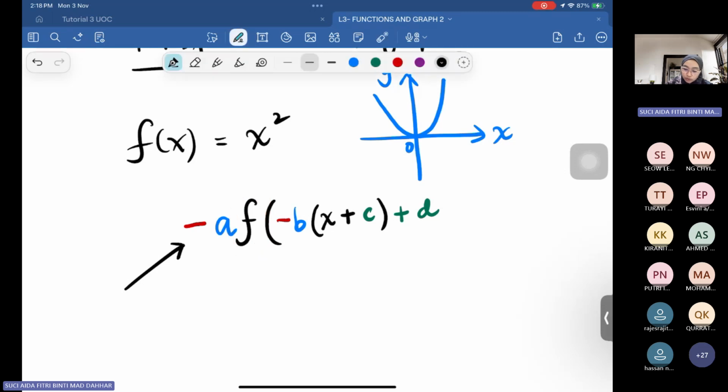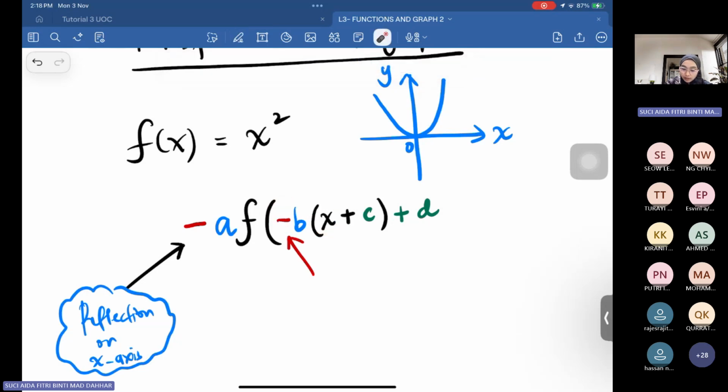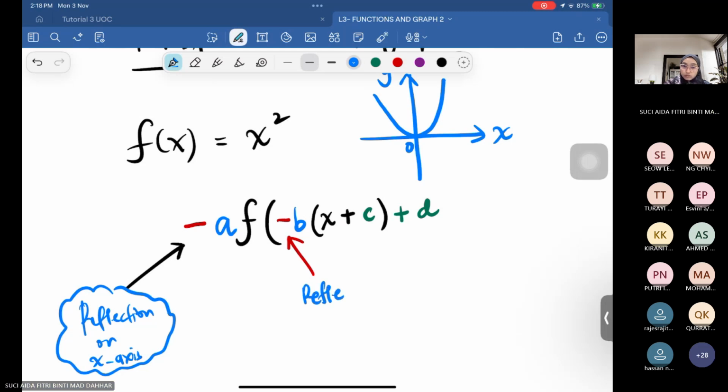So multiplying by a negative outside the function f will reflect the graph on the x-axis. Meanwhile, multiplying by a negative inside, the negative on x, will give a reflection on the y-axis.